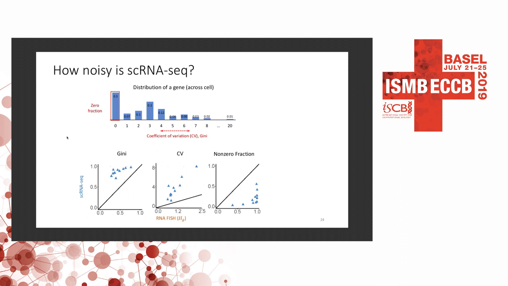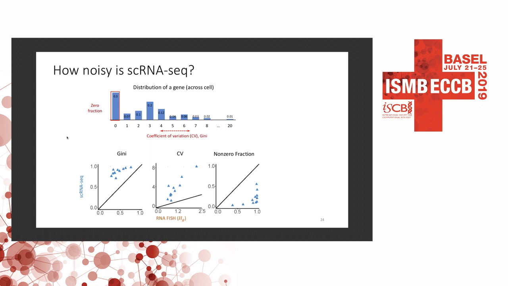Both measure the variation of gene expression. The x-axis is RNA FISH, the y-axis is single-cell RNA sequencing, and each point is one of the 11 genes that overlap between the two technologies. You can see that the single-cell RNA sequencing data is much more variable compared with your measurement using RNA FISH.